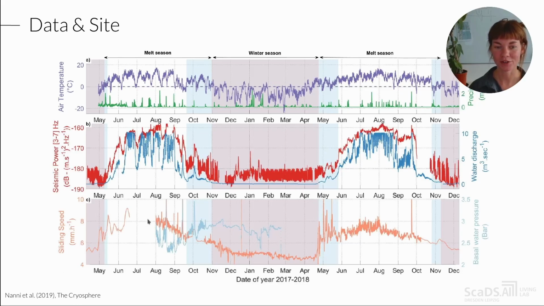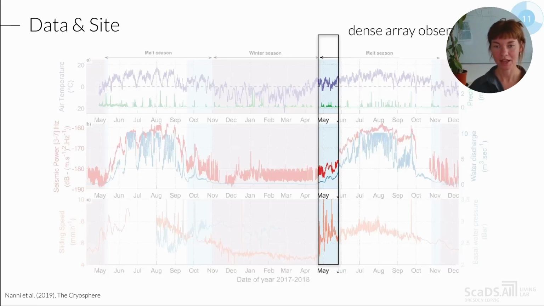And we can also see the data from the bicycle wheel, some data gaps, as it was not functioning all the time, which has more and less active moments, and also somehow correlates with the water discharge and the seismic power.